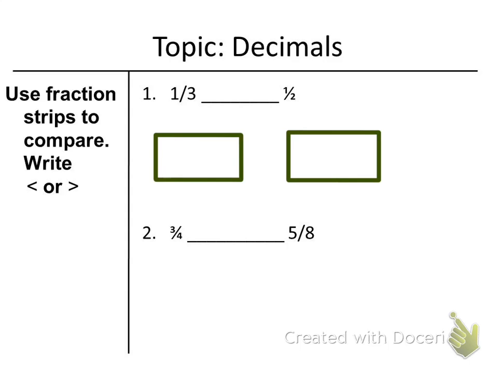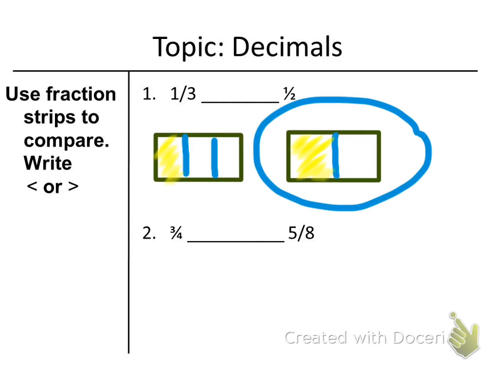With fraction bars, we just divide by thirds and divide in a half. If I shade in 1/3 and I shade in 1/2, I can see that 1/2 is greater than 1/3. 1/3 is less than 1/2.